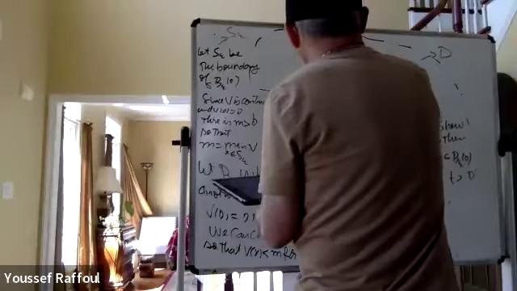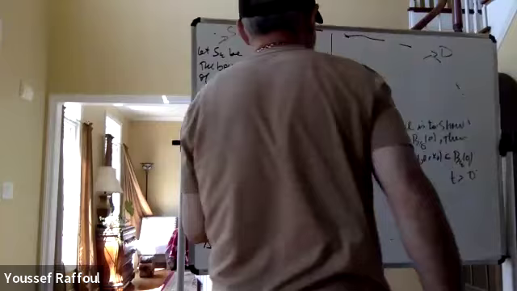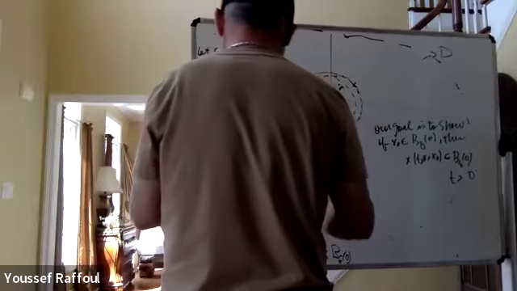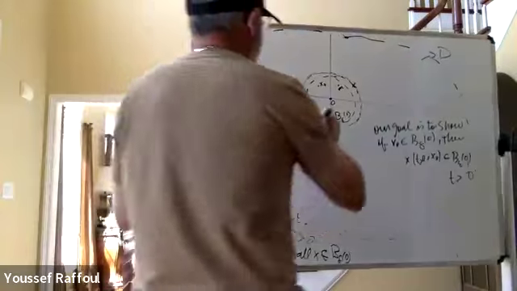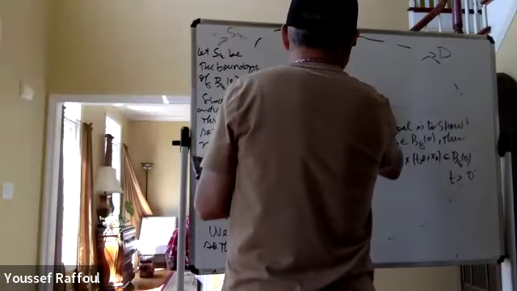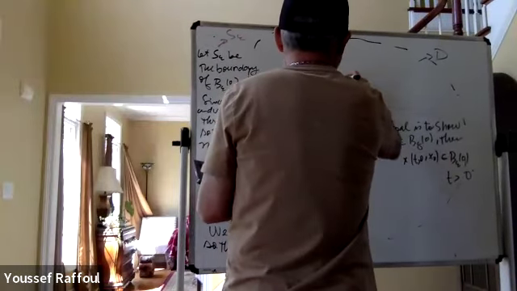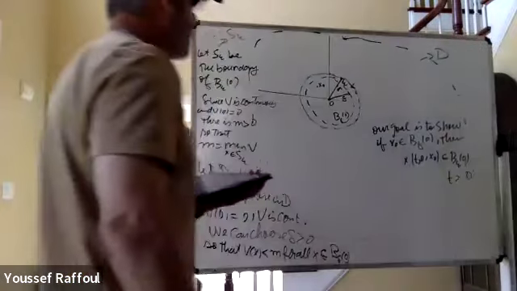So we're going to show this is x naught. And remember, from here to here is delta, and from here to here is epsilon.